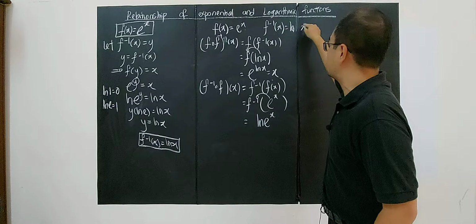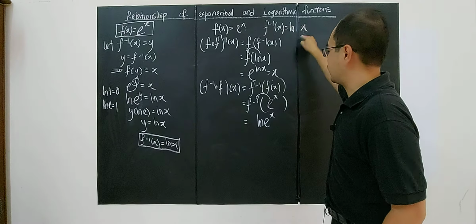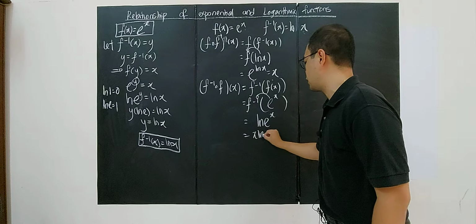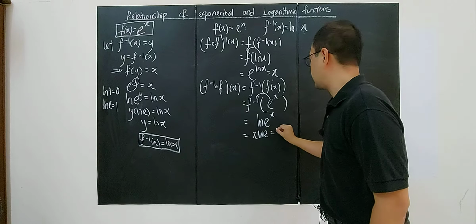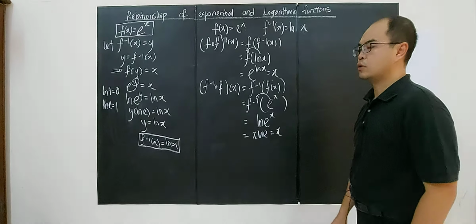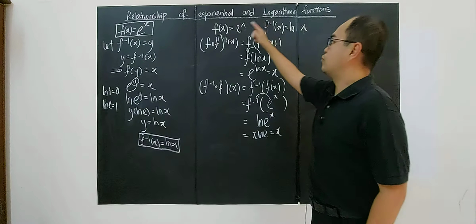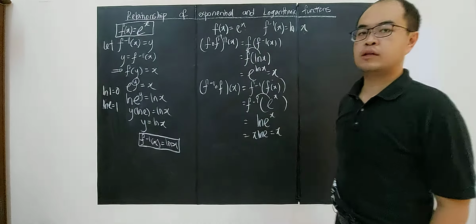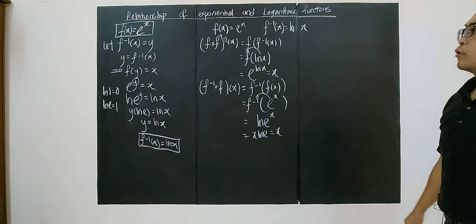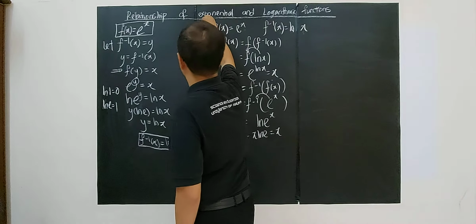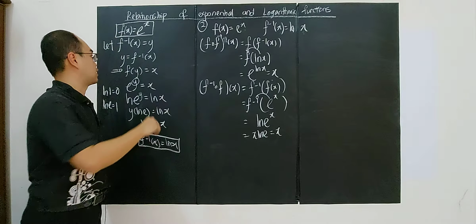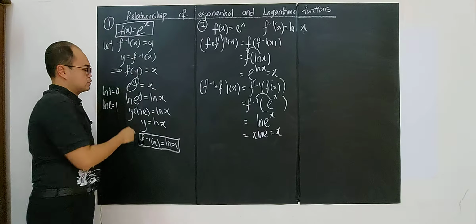Then you can take down the x because this is a logarithmic function, and ln e will become 1, and you are getting x also. So it further verifies that these two are inverses of each other, right? This is the concept of using the composite function to verify that they are inverse functions.